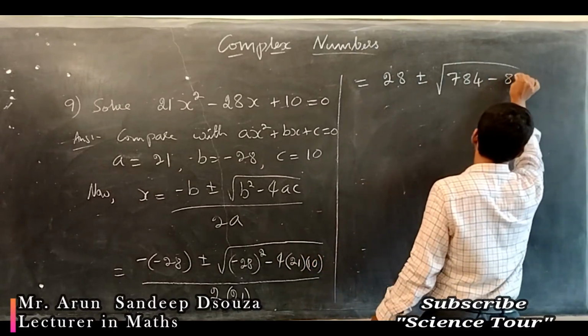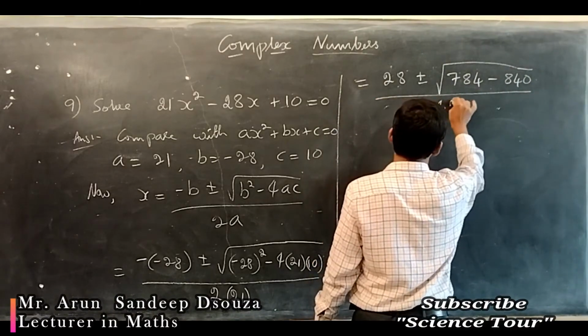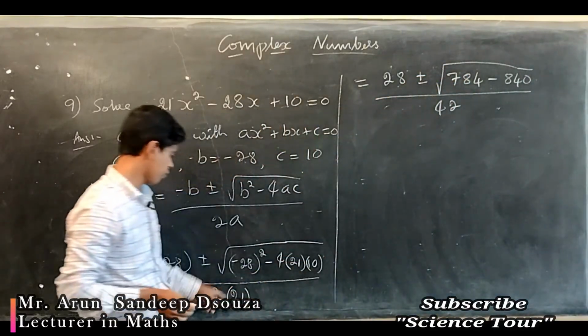So this is 840, divided by 42, 2 into 21.